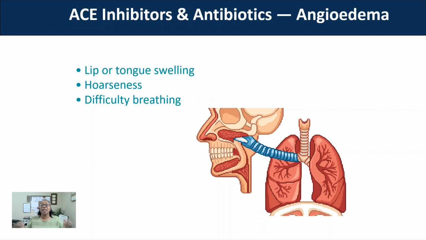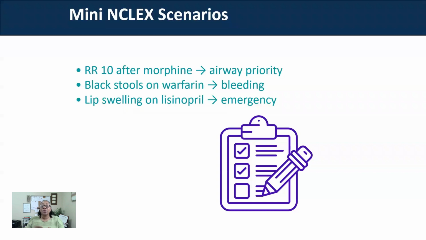GI bleeding. So, you want to notify the provider and assess bleeding risk. So, you want to get those vital signs, notify the provider, stay with the patient, assess bleeding risk. And scenario three, a patient on lisinopril develops lip swelling. Most concerning finding, angioedema. Stop the medicine, initiate emergency response.